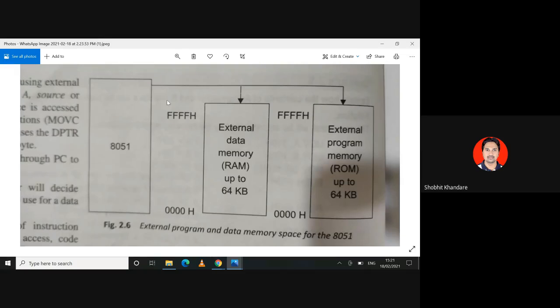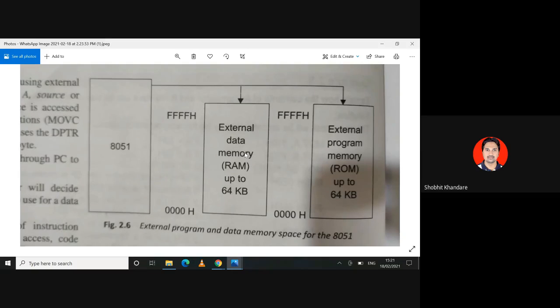Now see this figure. Here also I am having 64 KB. Here also I am having 64 KB. This is external data memory RAM, max to max 64. This is external program memory ROM, which is also max to max 64. Remember, I am talking about external memory. On chip memory की बात नहीं कर रहा हूँ, मैं off chip memory की बात कर रहा हूँ.